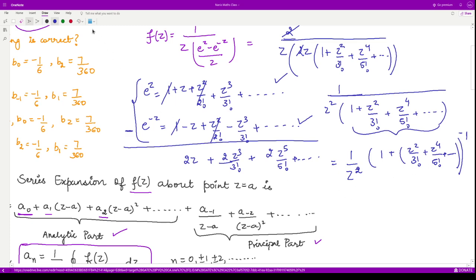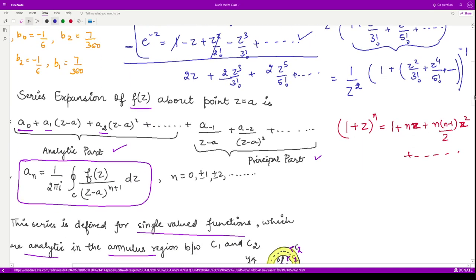Now we know the expansion for 1 plus z raised to power n using the binomial theorem. It would be 1 plus nz plus n(n minus 1) by 2 into z square and so on, right? So we can use a similar expansion for this term. Let us see what we obtain.